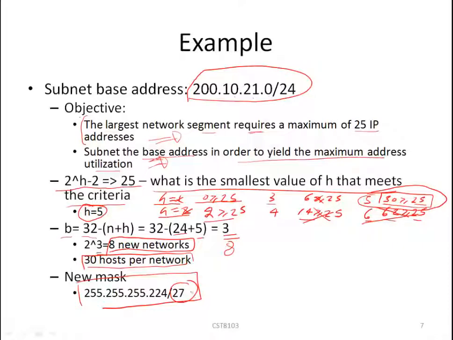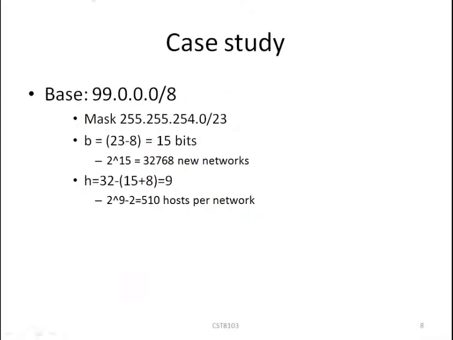Here is a practical real-life example. My ISP, my internet service provider, has subnetted a base address of 99.0.0.0/8 into a 255.255.254.0 mask.